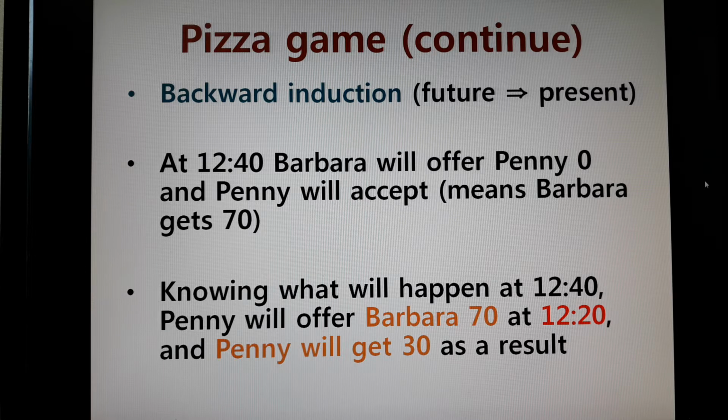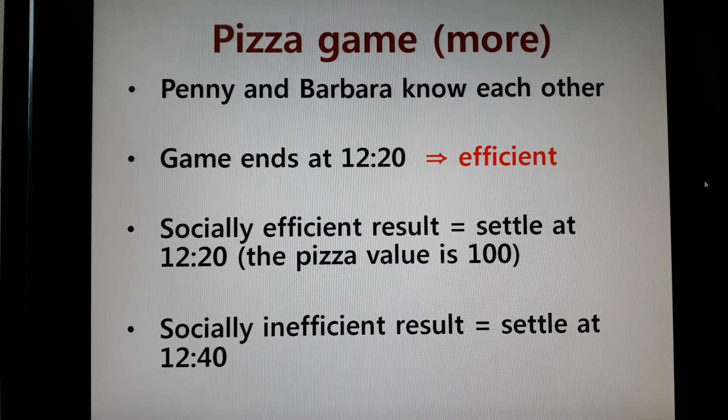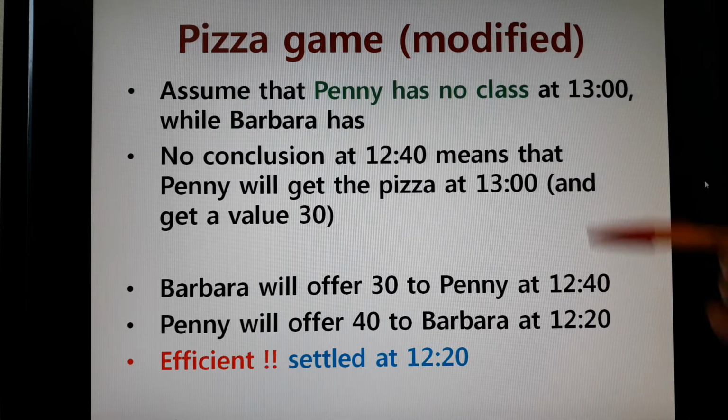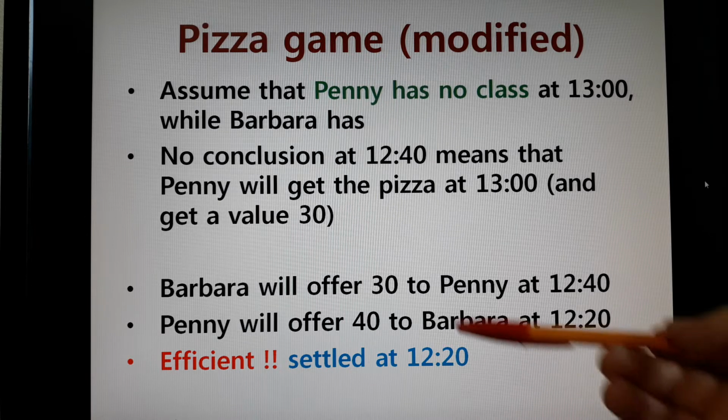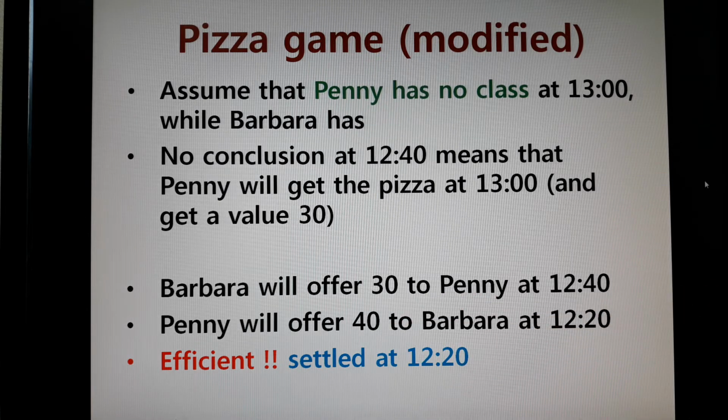Is it okay? And Barbara said, yes, at 12:20. So, in the new game, where Penny does not have a class at 1 o'clock, things changed. At 12:20, instead of Penny 30, Barbara 70, it is Penny 60, Barbara 40.